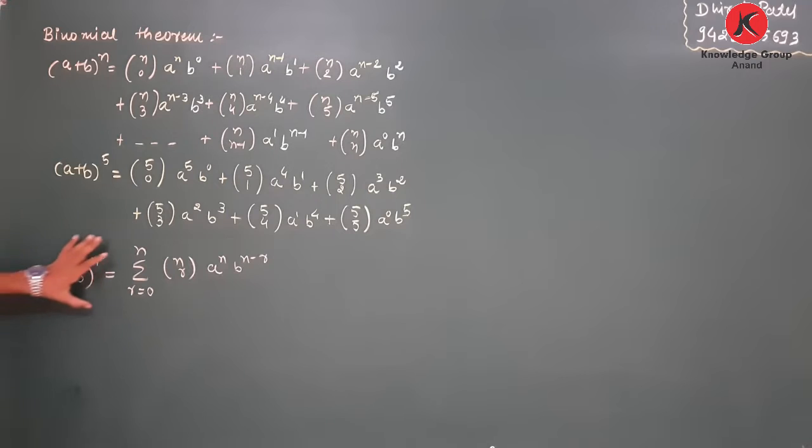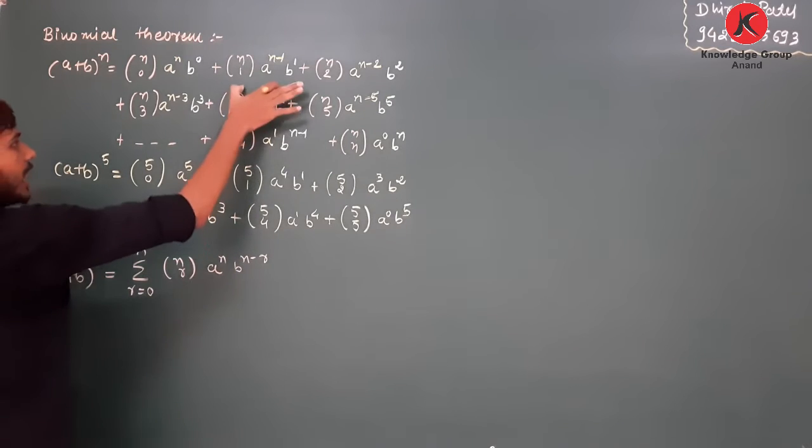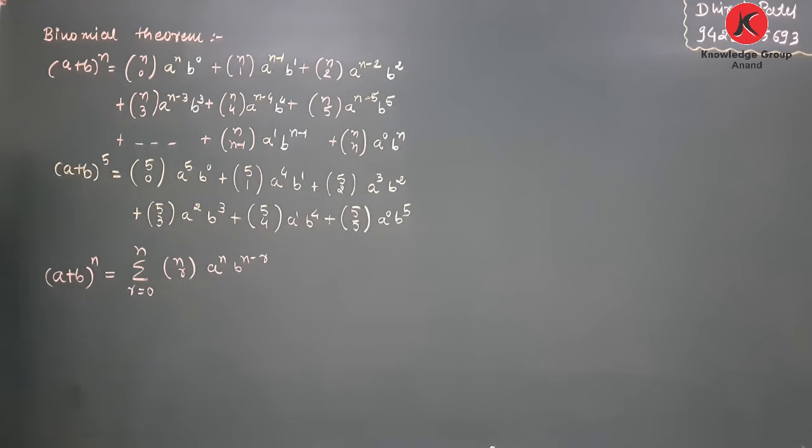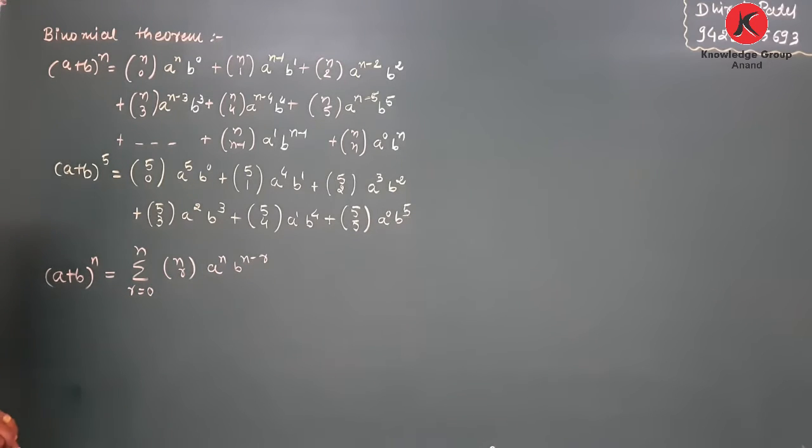This is also a representation of the binomial theorem. How is this possible? (a plus b) raised to n equals sigma r equals 0 to n nCr a raised to n minus r b raised to r.